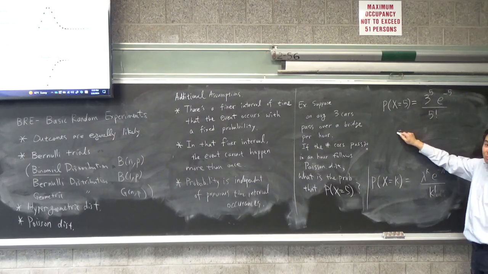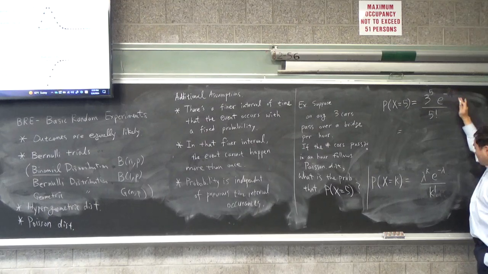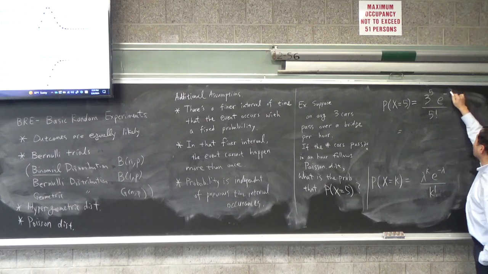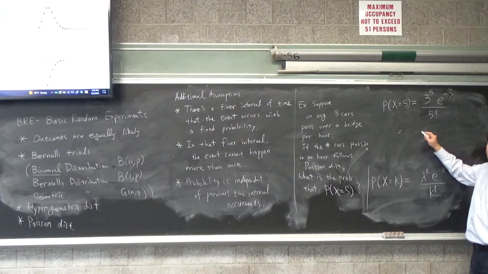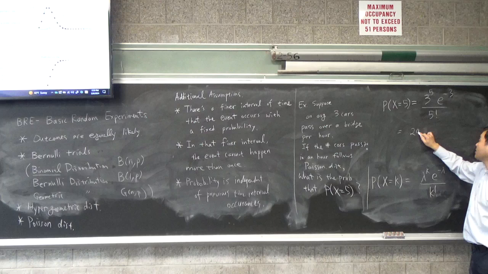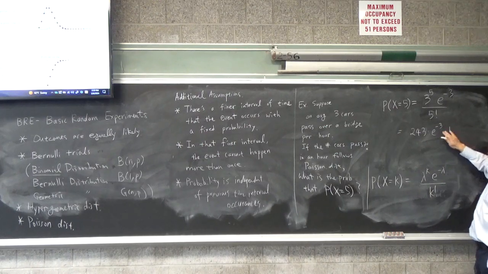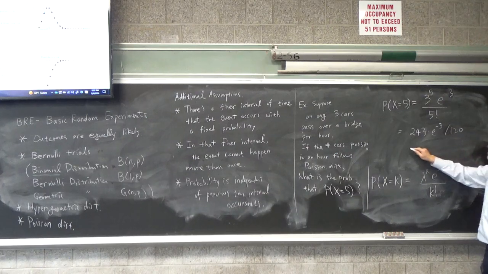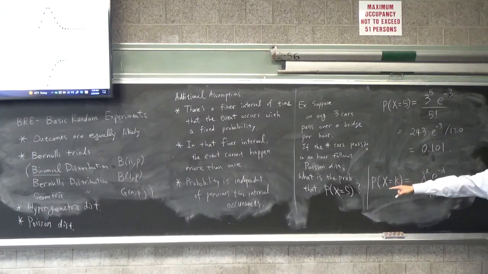Can somebody do this quickly? Isn't it e to the negative 3? Oh, thank you, yes, e to the negative 3. So this is 243 times e to the negative 3, divided by 120. So there's only about a 10% chance that you would have 5.